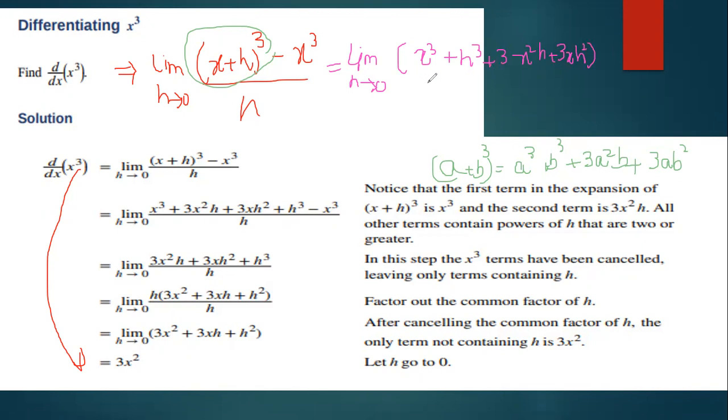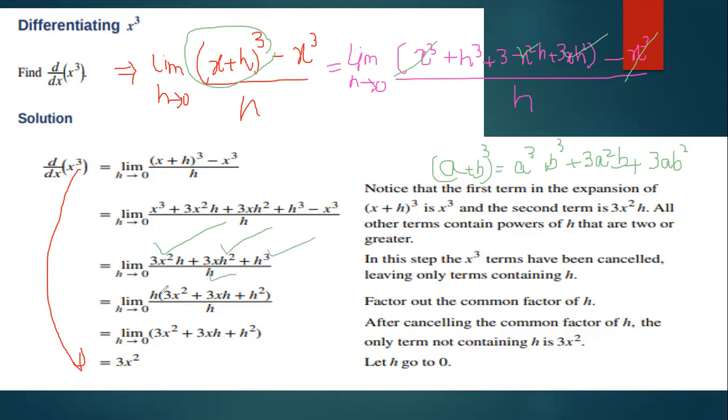Remember this cubic formula for two given variables. Then minus x cube, divided by h. Again, this x cube and this x cube will cancel out. So this will be 3x square h plus 3xh square plus h cube, divided by h.